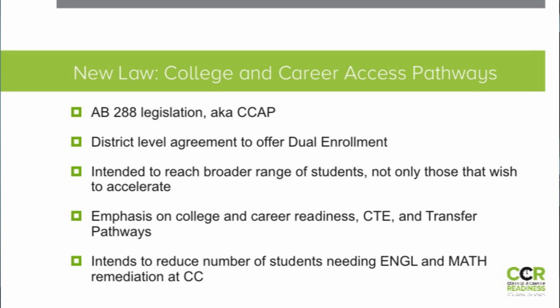It's about equity. It's about allowing students access to college and career through a pathway. The emphasis here is on college and career readiness, it's on CTE and transfer, and it's really about informing and filling up this pipeline for our career pathways for students.